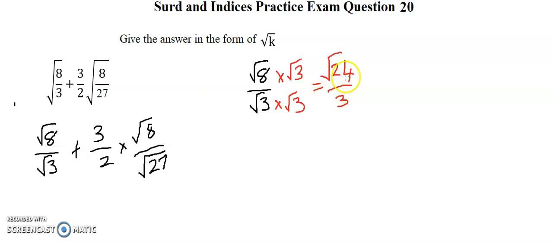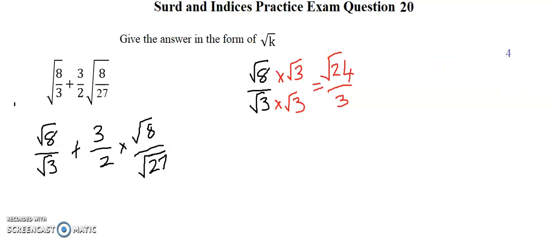Now, I might as well have a go at simplifying this right now. So we look at our square numbers to see if we can simplify. 2 squared is 4, 3 squared is 9, 5 squared is 25. So the only one that we can use is 4, because 4 is a factor of 24.